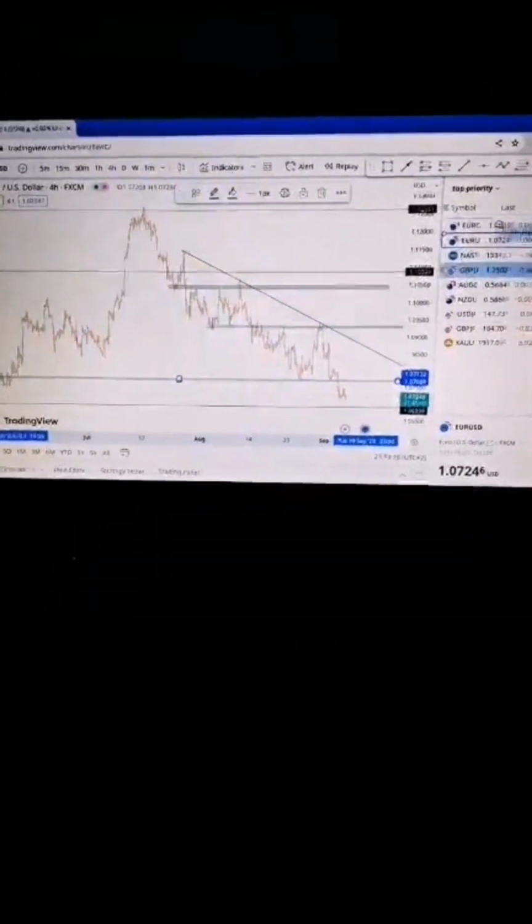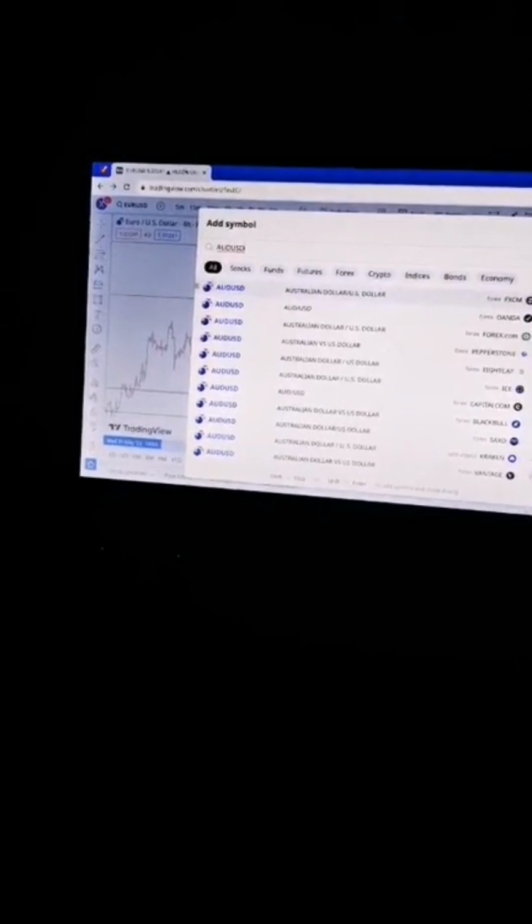AUD USD. Let me just put down a list. So GBP USD. Personally, I don't trade AUD USD because it has done me dirty, but that doesn't mean I can't analyze it. As a trader, guys, you have to find what you are comfortable with.